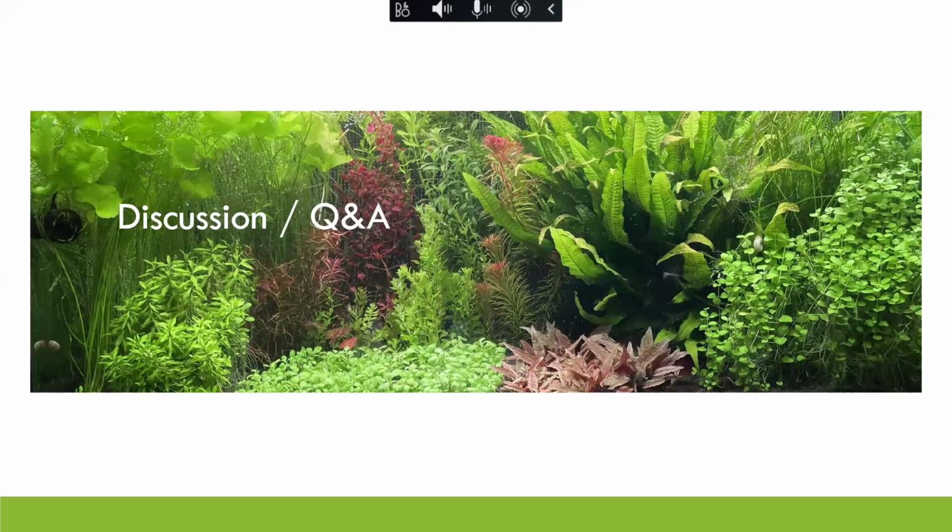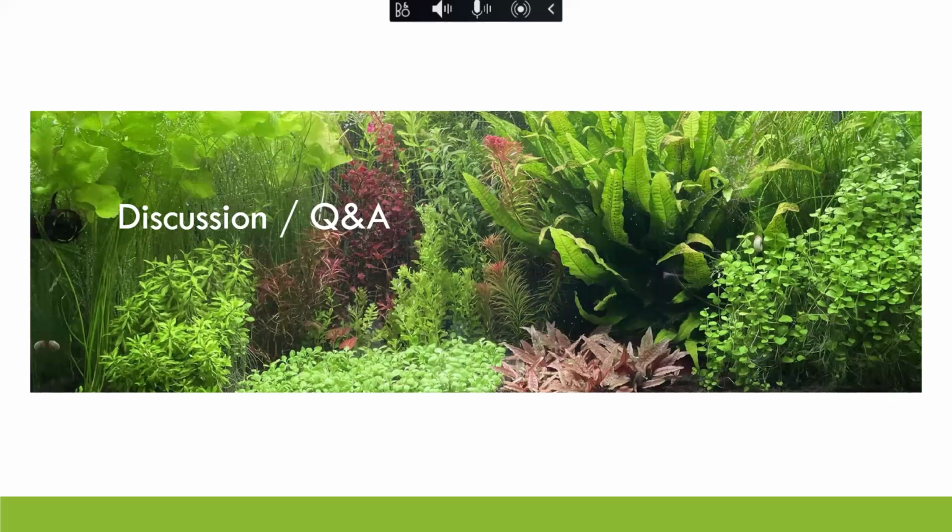Yeah, you will start to see, and it's interesting because it depends on what kind of plants you have, right? Some plants are really hardy, like the Java fern. You'll see nothing going on with the Java fern. When it's really happy, it's growing like crazy, but if it's not happy, it's still growing. It's a pretty hardy plant.